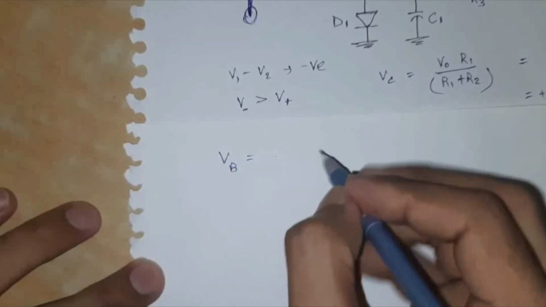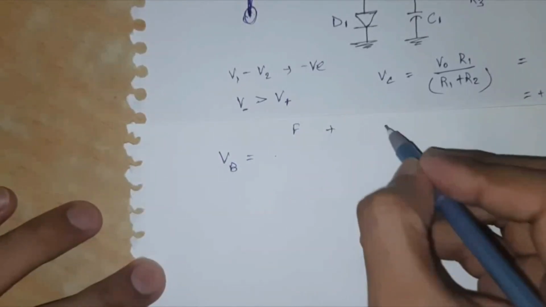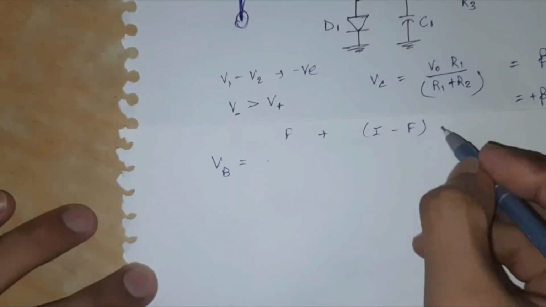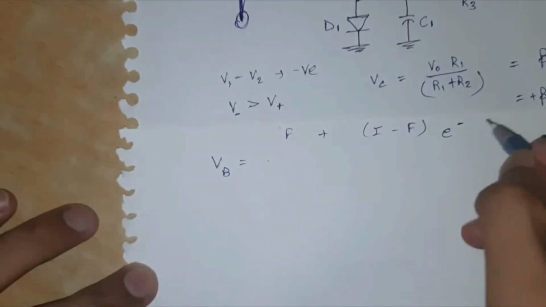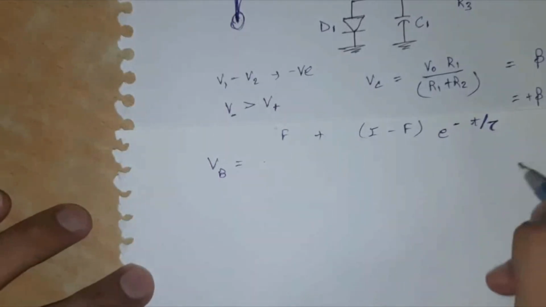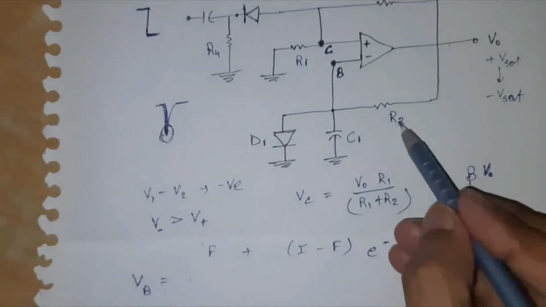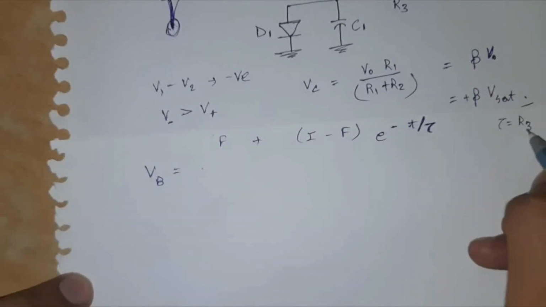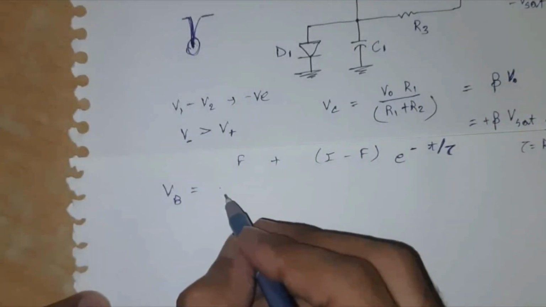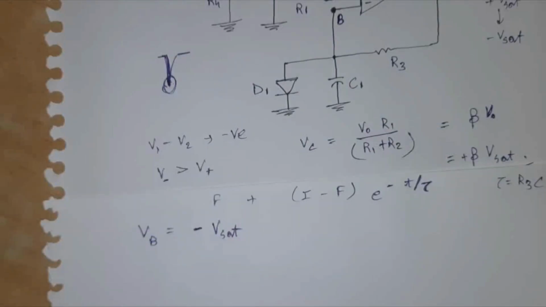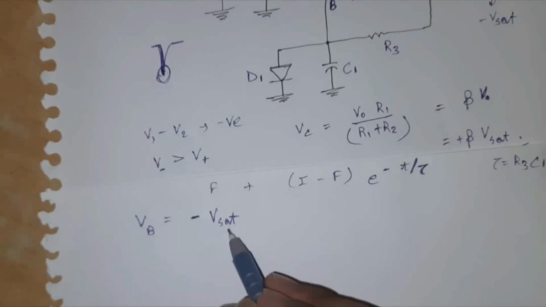So let me take a fresh page. VB is equal to, we all know, final value plus initial minus final into e to the power minus t by the time constant, and here tau will be R3C1. Now this final value is minus VSAT, because this is the value to which at most it can decrease.